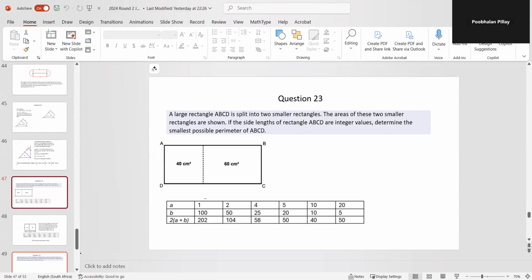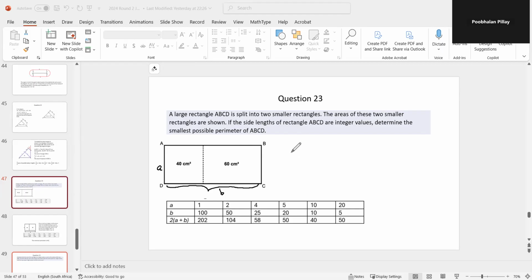If the side lengths of ABCD are integer values, so the side lengths of this rectangle are integers, let's call this A, and let's call this other one B. They are positive integers. They have to be positive, they are sides of a rectangle. Determine the smallest possible perimeter of ABCD.